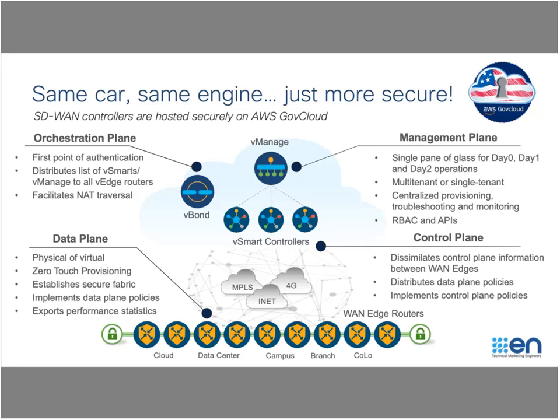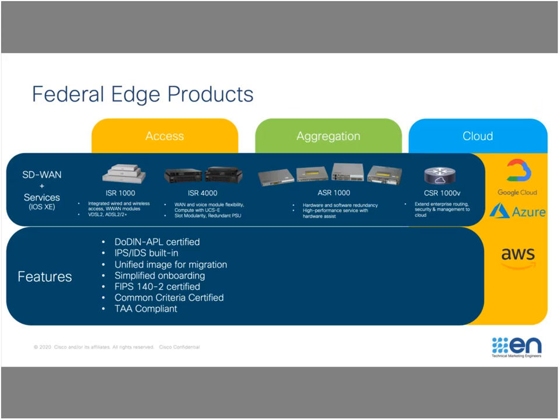federal customers that are interested in moving towards a subscription model. Like I said, from a controller perspective, nothing really changes other than where those controllers are hosted and a few additional services that are performing external auditing of those servers. From a hardware perspective out at the branch, again, nothing really changes, right?